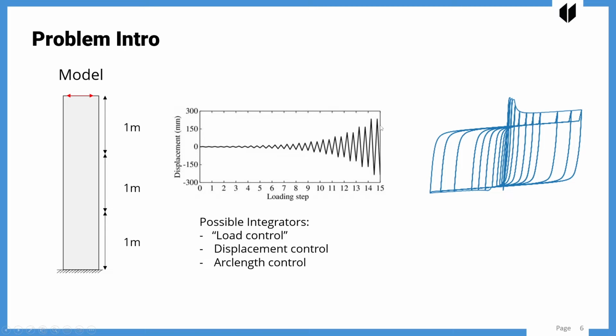And this is what we'll be applying to our structure. So you'll want to start with this. You'll generally have this being applied as a time series, but it will depend on the integrator that you use, and we'll get into that in a bit. Generally, you'll either use a load control, a displacement control, or Arclength control integrator.